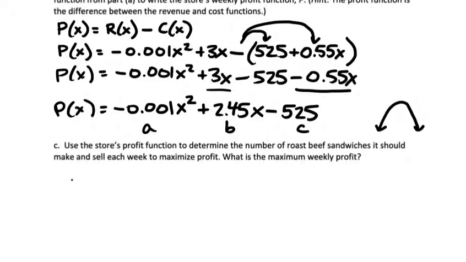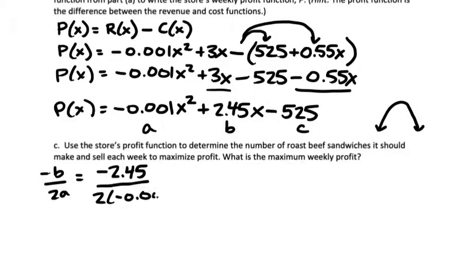So with that, we're going to use negative b over 2a to find the x coordinate, just like we've been doing. So the numbers here are a little bit different, but they're just decimals. Nothing wrong with that. So negative b is negative 2.45 over 2 times negative a, which is 0.001.